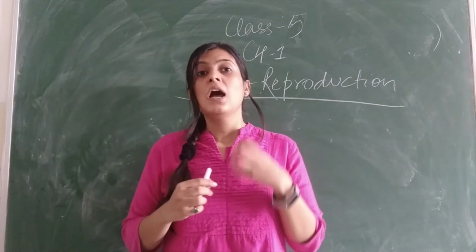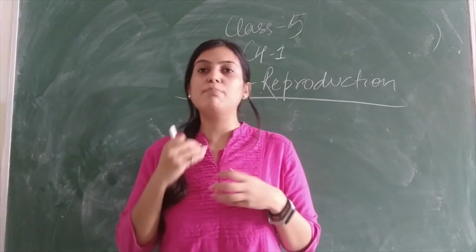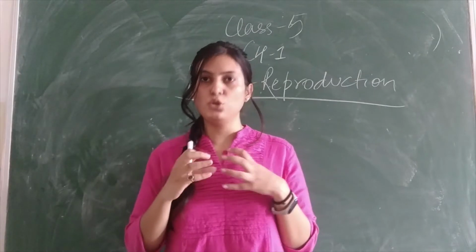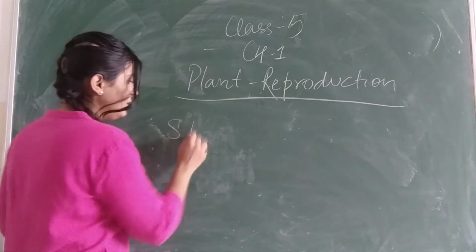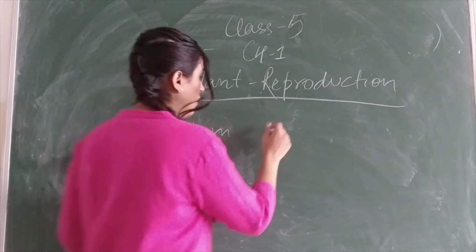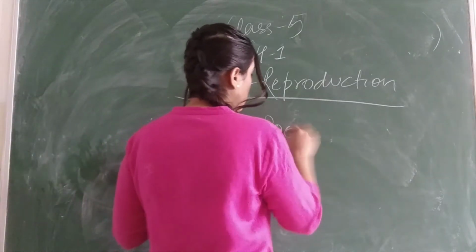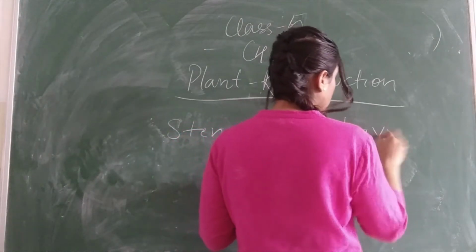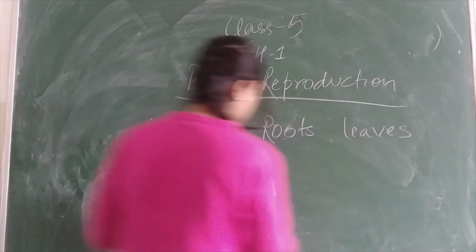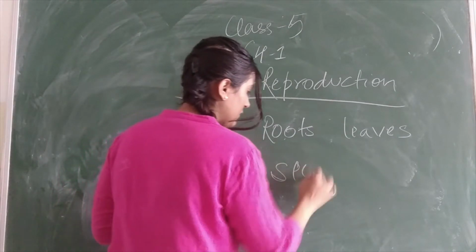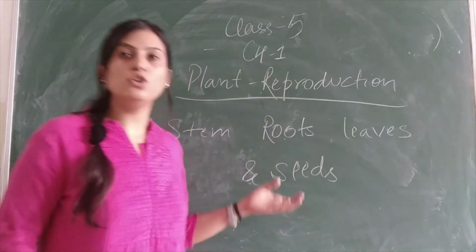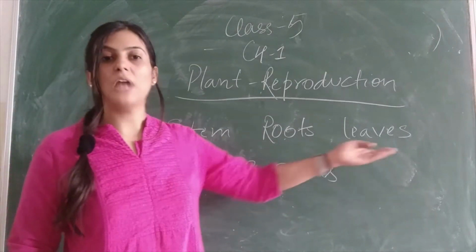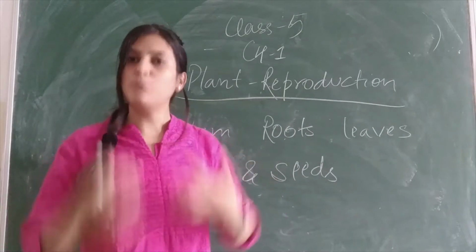Next is the various methods by which plants reproduce. Plants reproduce through stem, roots, leaves and spores also.